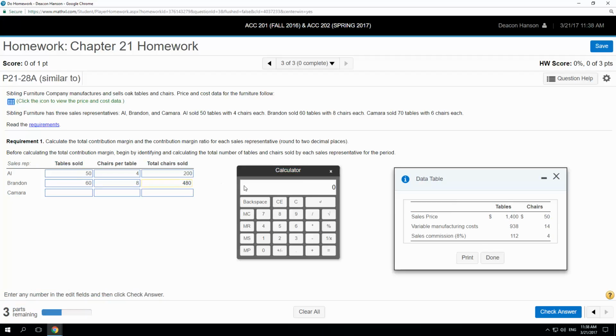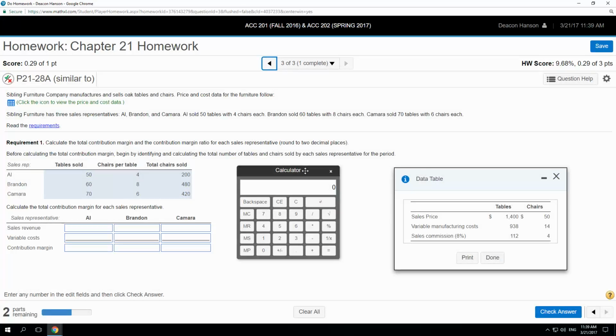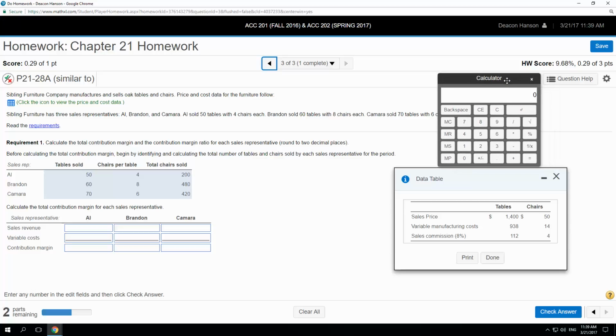If we forgot our multiplication table, we can use a calculator. Kamara sold 70 tables with 6 chairs each, so that would be 420, right? Okay, so we got the units.